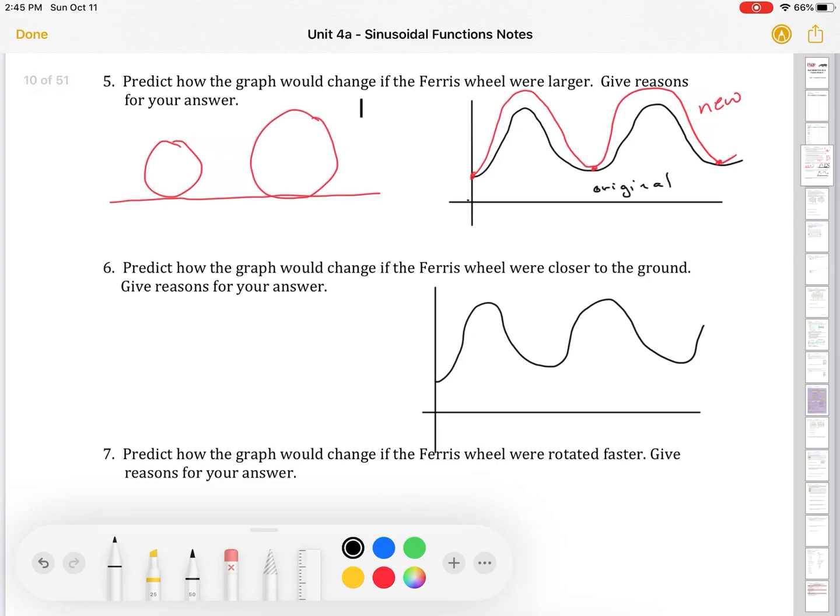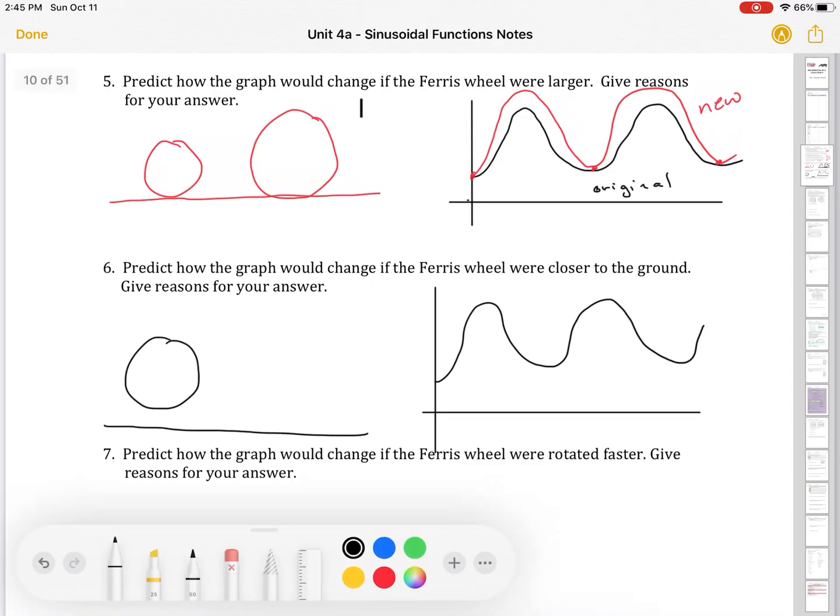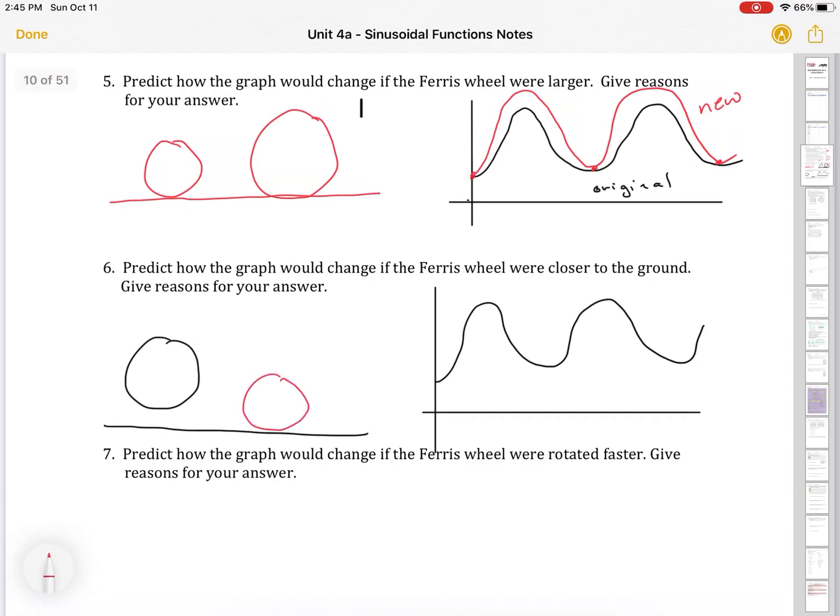If it were closer to the ground, so our original looks like this and the ground is there. If we moved it closer to the ground, that means that it would start lower, but it would kind of have exactly the same trend. It just wouldn't go as high because it started lower, right? So that means there should be an equidistance here and here and here and here. That should all be the same distance, and it would be lower, okay?